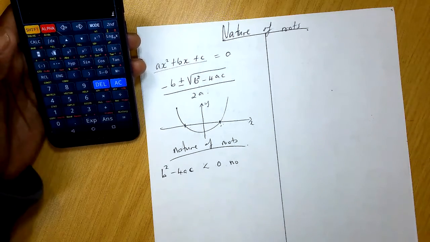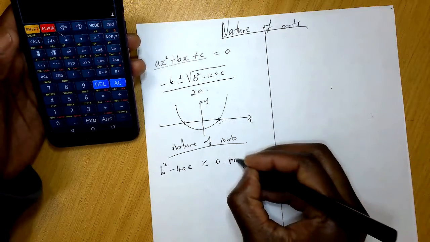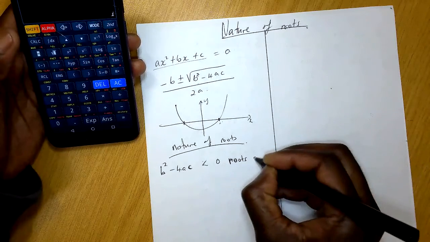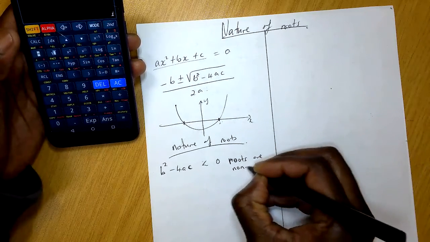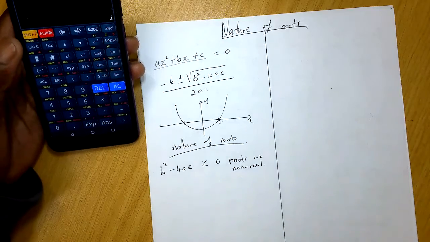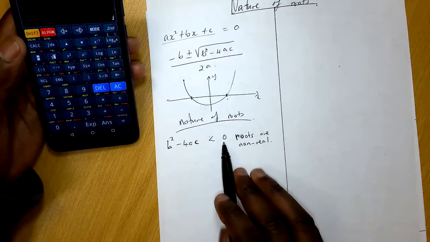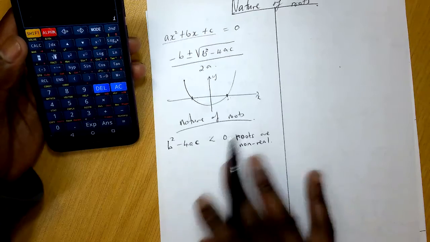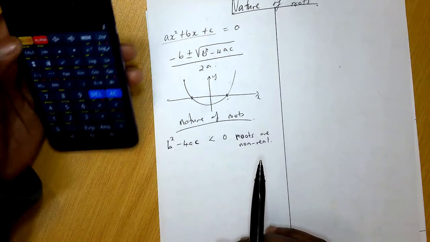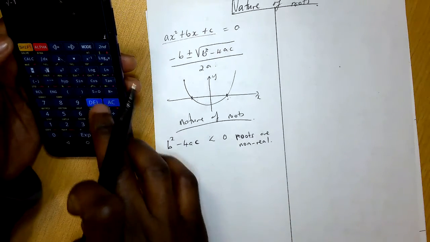The roots are non-real, so they don't exist. Roots are non-real in this case. So if b squared minus 4ac is negative, you know the roots are not real.